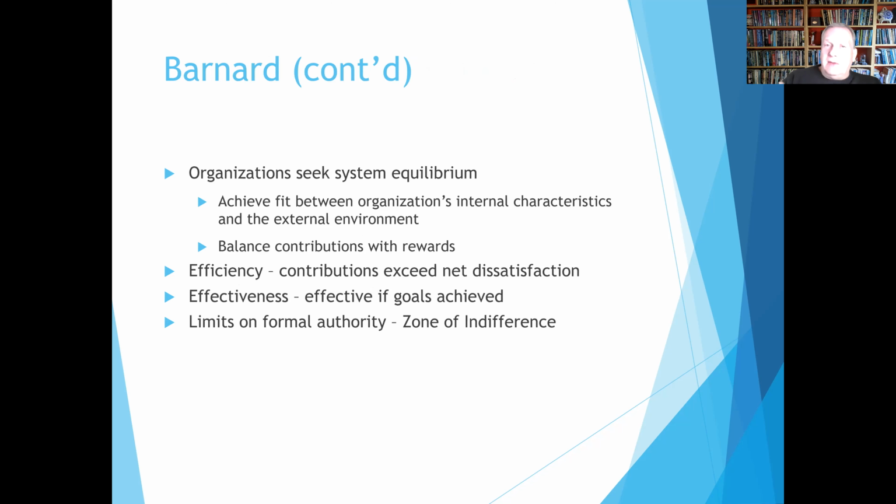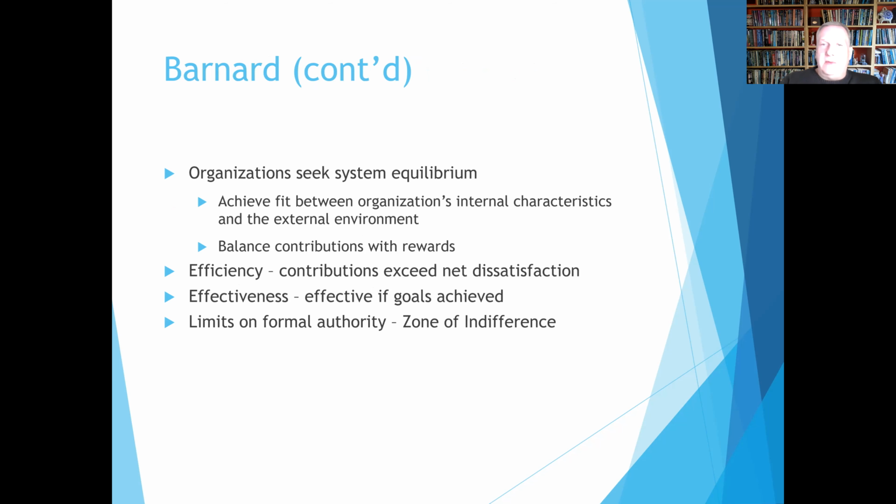So Barnard says it's kind of this transactional process that goes on between managers and employees in order to make organizations effective. You have to try and balance contributions that employees are giving with the incentives and the rewards that you are applying to those employees to motivate them to provide these contributions.